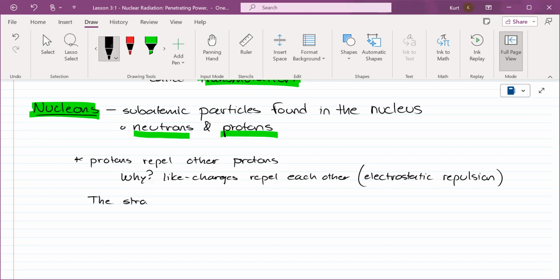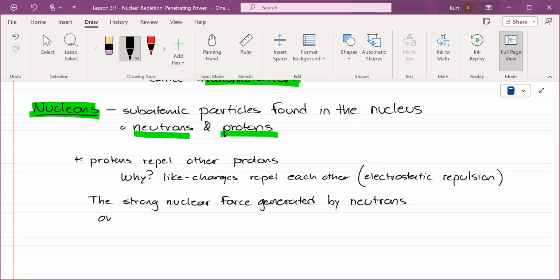The strong nuclear force generated by neutrons overpowers the electrostatic repulsion of protons.